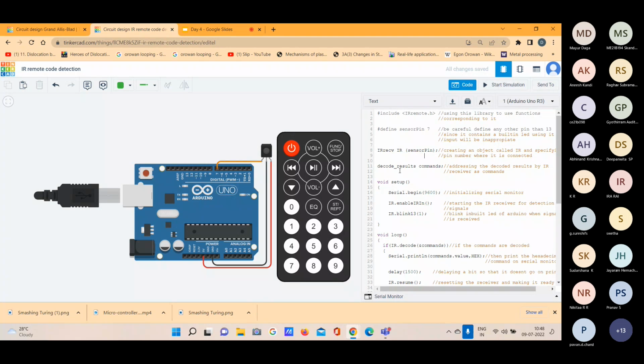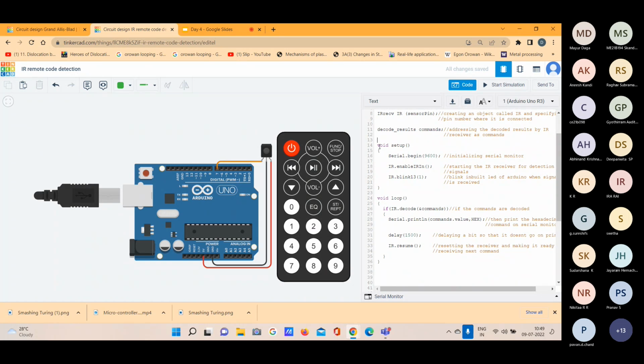Also, we will address the decoded results as commands. In void setup, we will initialize the serial monitor.